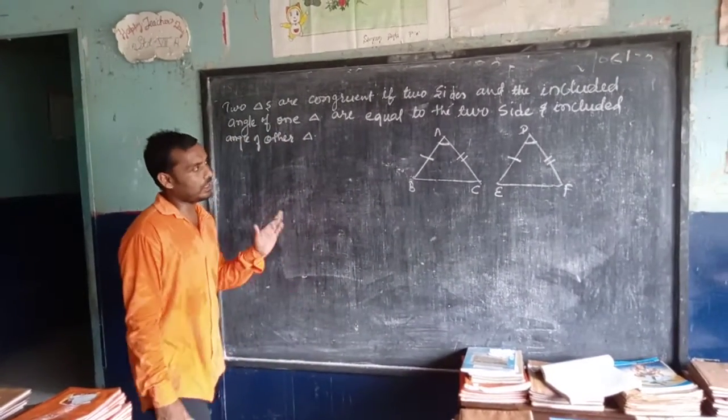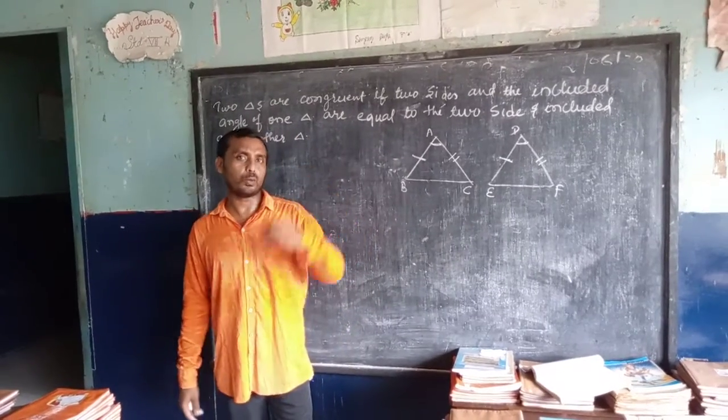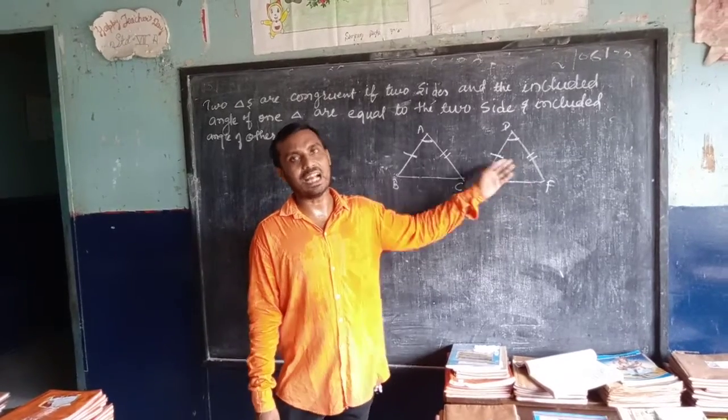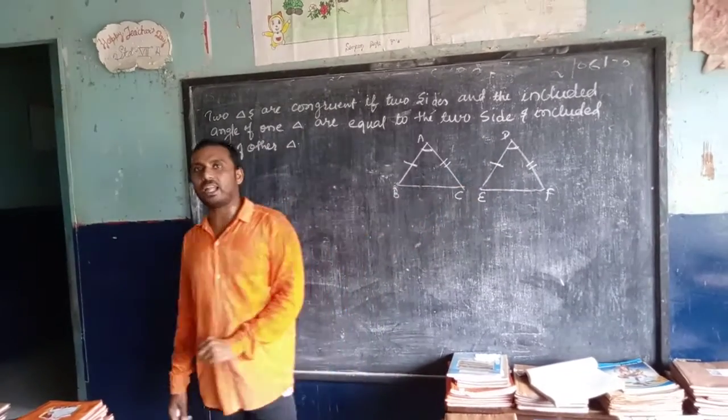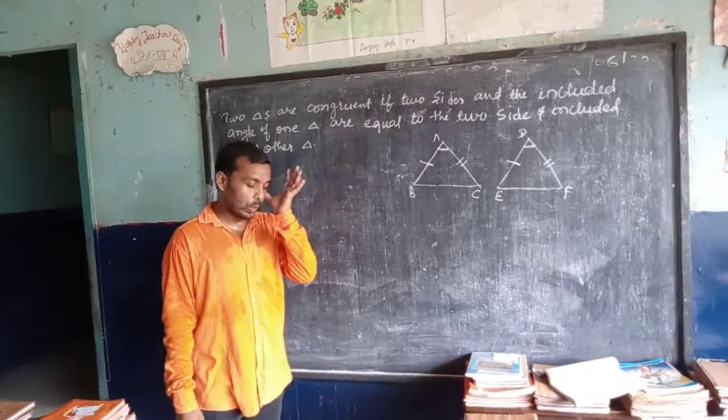This means two triangles are congruent if two sides and the included angle between them are equal to the two sides and the included angle of the other triangle.